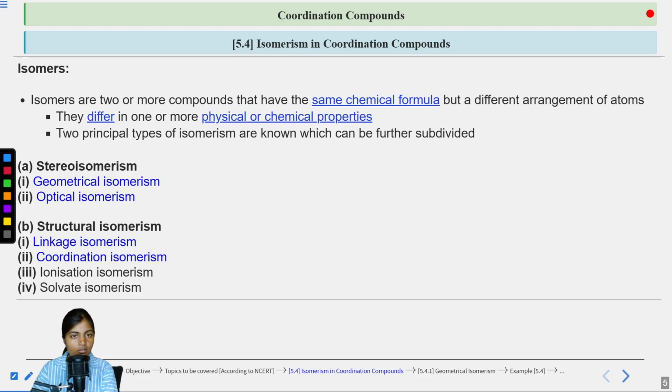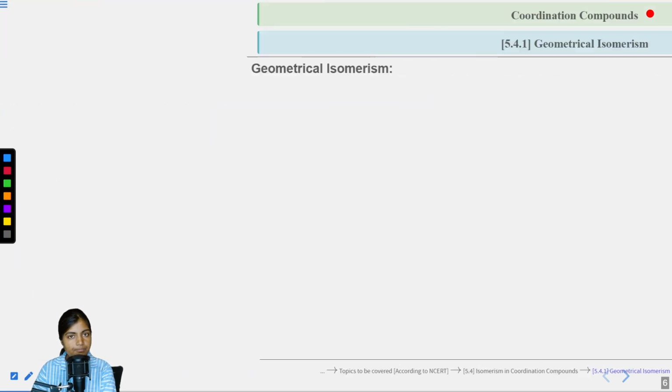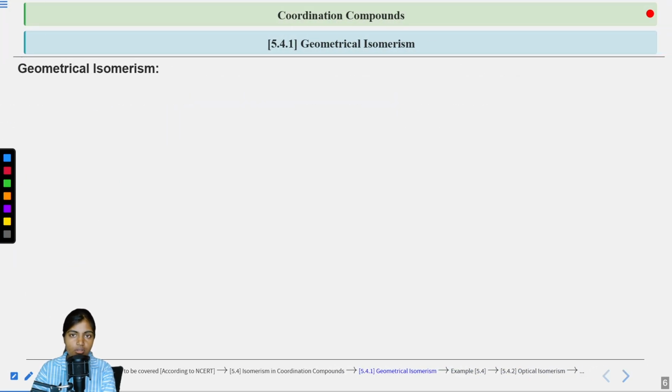So under stereoisomerism we have two subdivisions, geometrical and optical, and in structural isomerism we have linkage, coordination, ionization, and solvate isomerism. Today we are going to cover four types: geometrical, optical, linkage, and coordination. Let's begin with geometrical isomerism first, which comes under stereoisomerism.